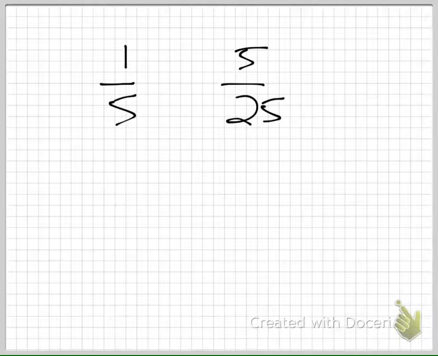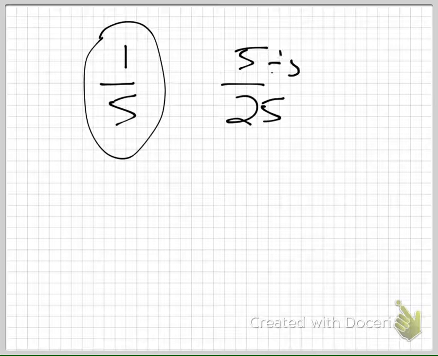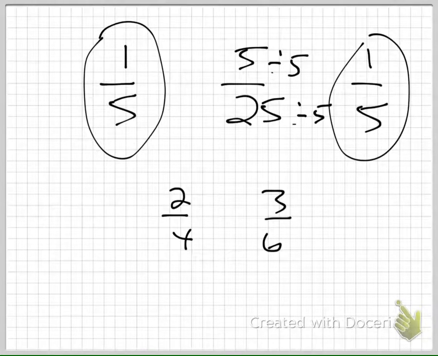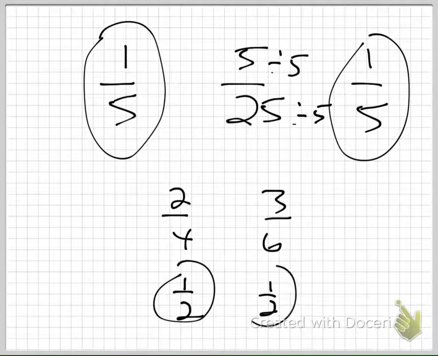This is already reduced, and I divide this by 5, divide this by 5. This becomes 1/5. They are the same, just like when I had 2/4 and 3/6. What do they both reduce to? 1/2. Proportions can be reduced to the same number.